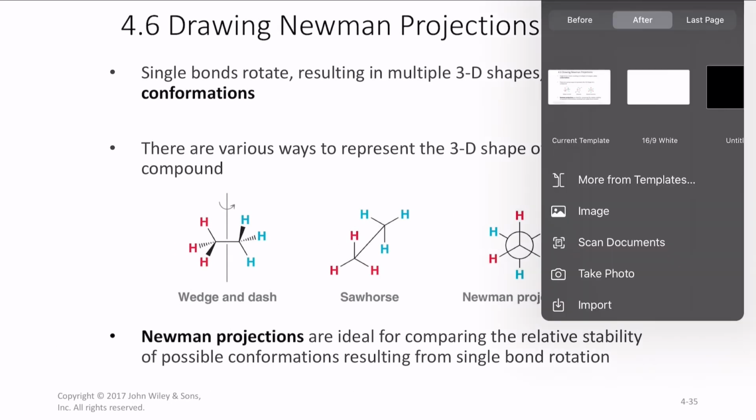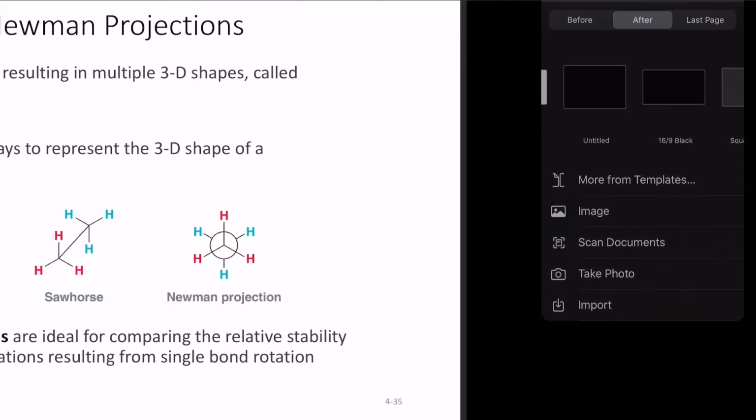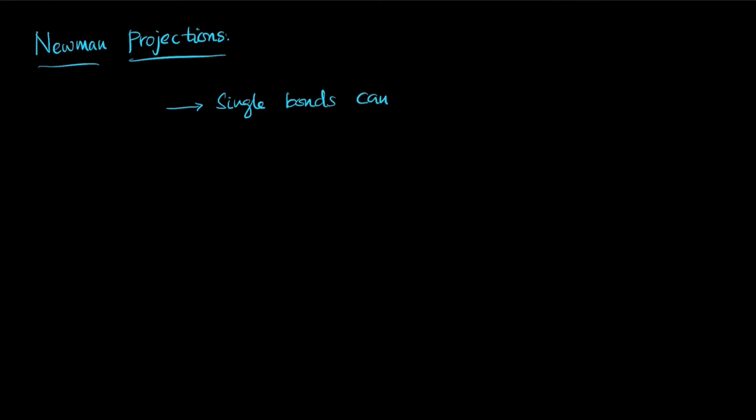Newman projections. So what are Newman projections? So in general, there is one problem with single bonds, because single bonds can rotate.